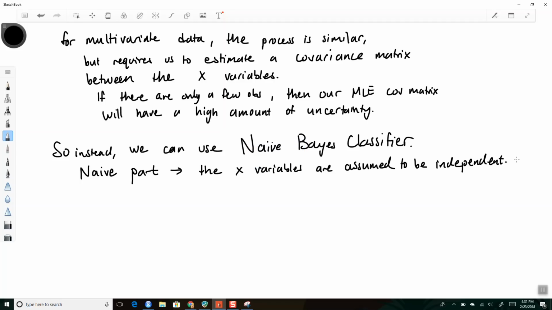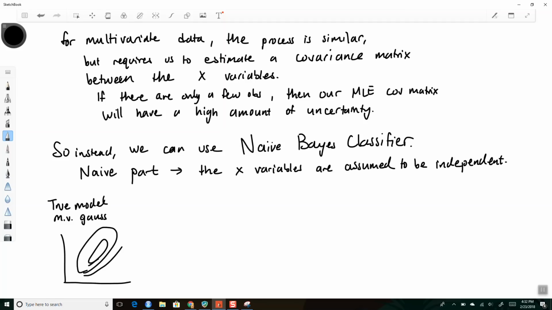Perhaps the true model is a multivariate Gaussian that looks like this. Maybe your mu is 0, 5, and your covariance would be something like 150, and then there's some kind of covariance term here, 40 and 40 or something.